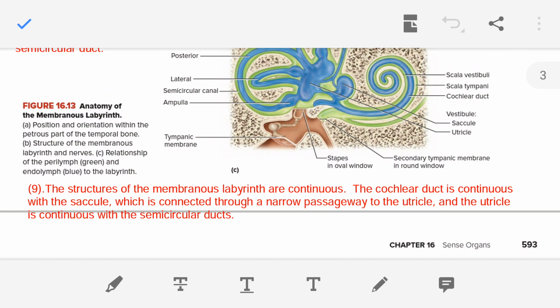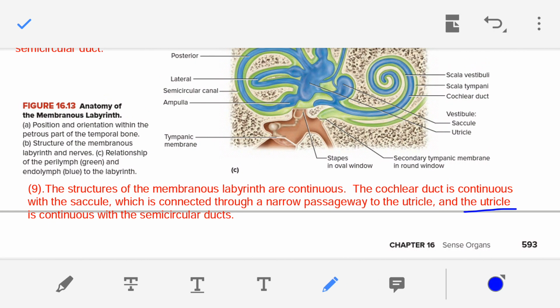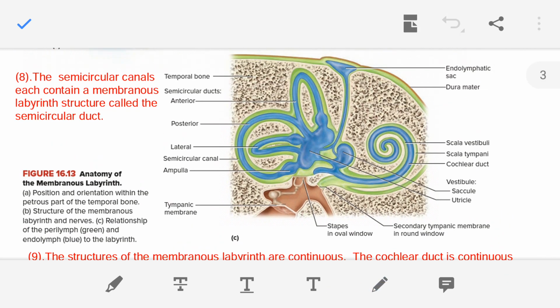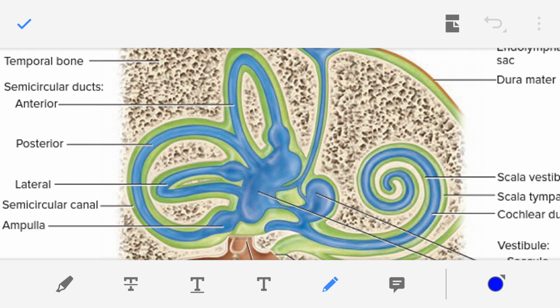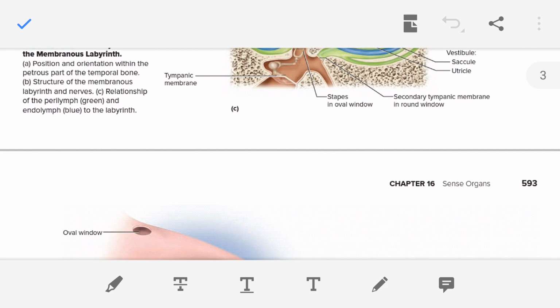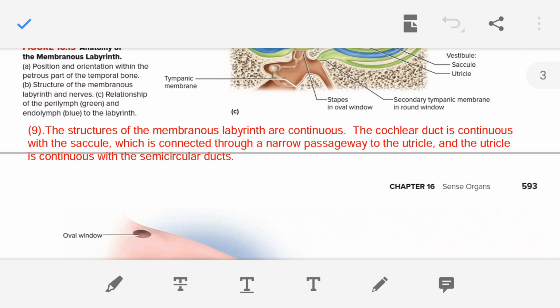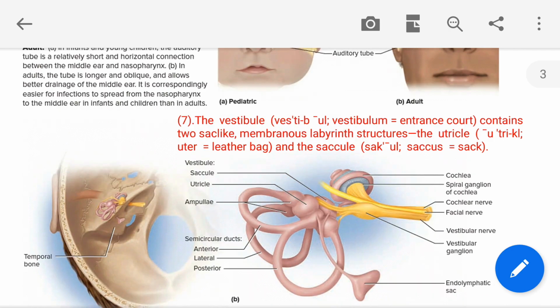Now the utricle is continuous with the semicircular duct. This is the utricle, and we can see the utricle is continuous with the semicircular duct. So this is the ninth point of our discussion. Once again, I am showing you this entire figure.